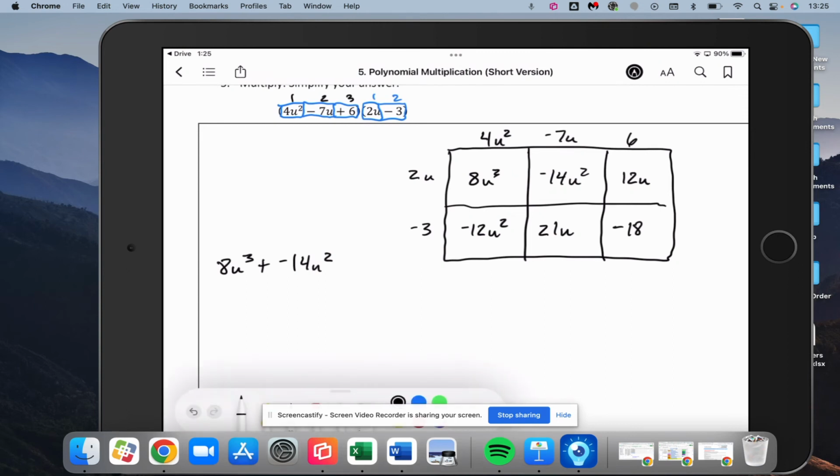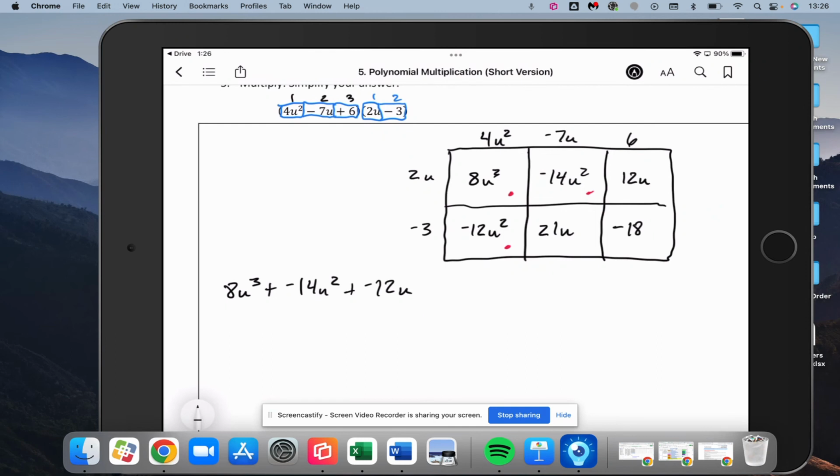I think I need to move this down because I'm going to run out of room. I'll take my other, so I got that one, I'm going to get this one because it's like the negative 14u squared, so plus negative 12u squared, then plus 12u plus 21u plus a negative 18.